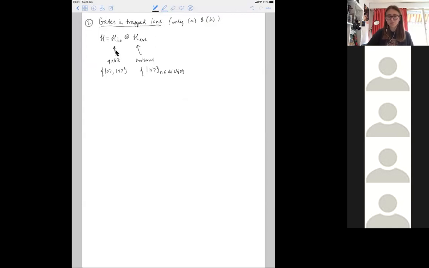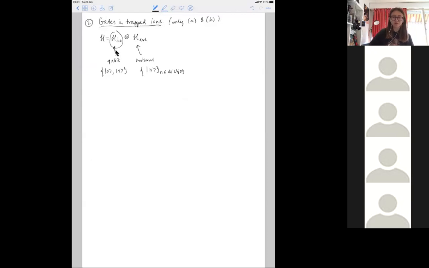Then different transitions can happen in these ions. For example, a transition can happen only within internal degrees of freedom, or it can couple internal and external degrees of freedom, in the sense that we change the state of the qubit and we also change the state of the motional degree of freedom.